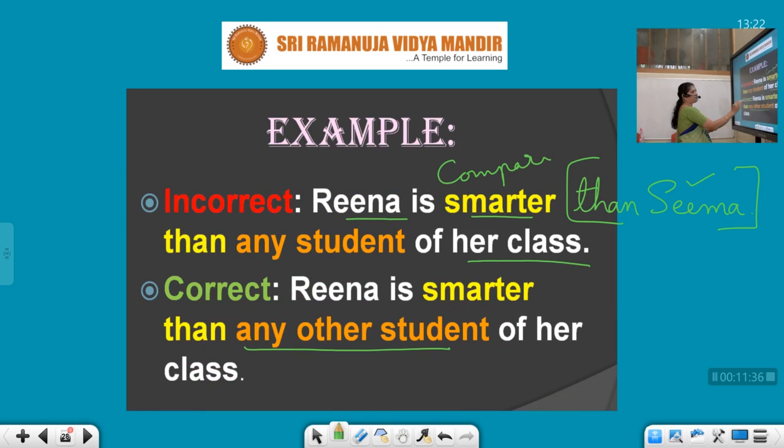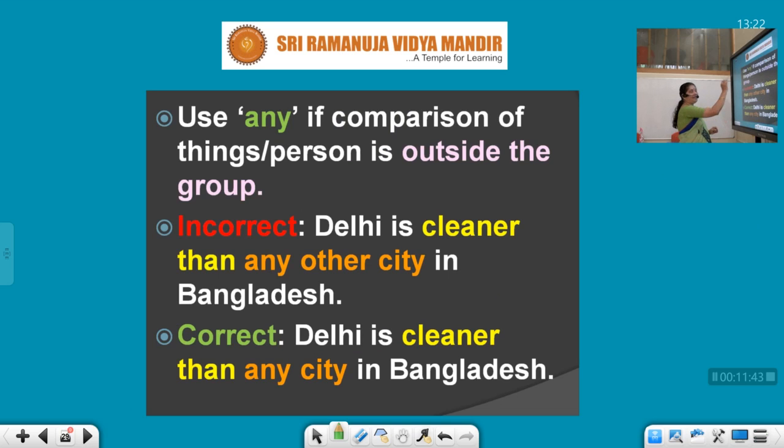So we have the correct word. Reena is smarter than any other student in her class. Now the next one is any only should be used when it is a different group. Look into this. Use any if comparison of things or person is outside the group. Can you see this? It's not in the same group. Say for example, Delhi is cleaner than any other city in Bangladesh.